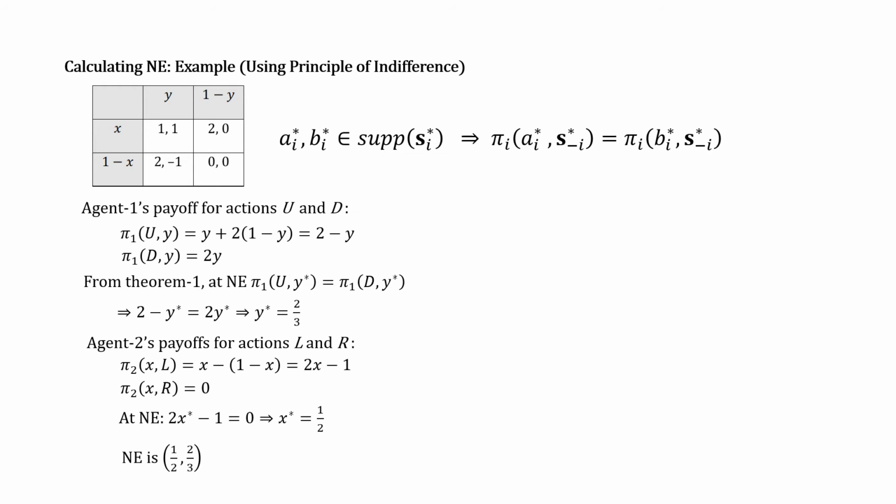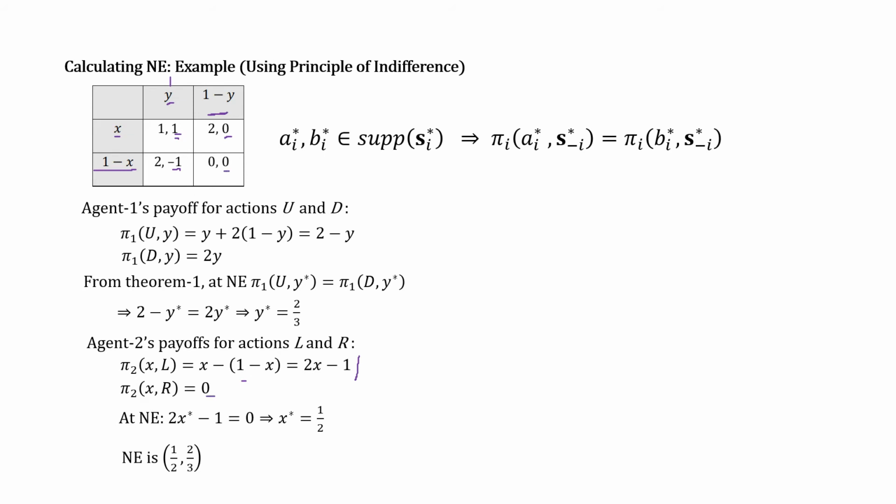Now, considering agent 2, when playing left, the payoff would be x times 1 plus 1 minus x times -1, which is twice x minus 1. And when playing this strategy right, payoff in both cases are 0, so payoff is 0.